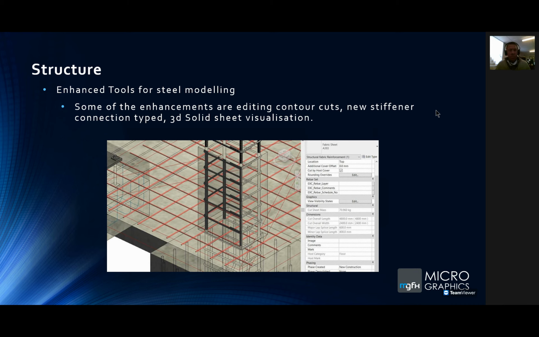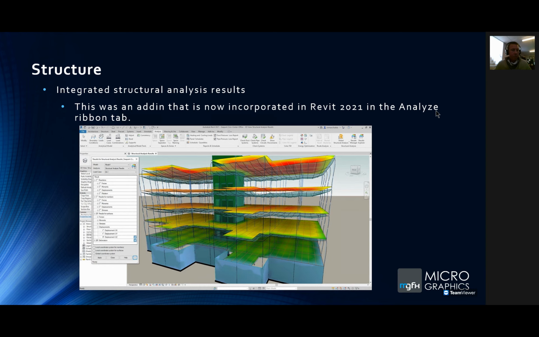There are other enhancements as well with regards to contour cutting, which is basically, if you've got a member, you can cut its end in a certain way. All right. Okay. So then also, there's another add-on that they've added.